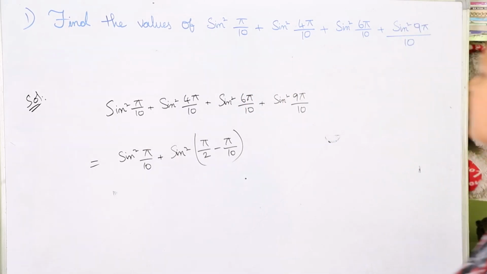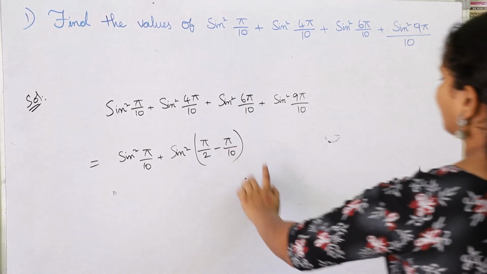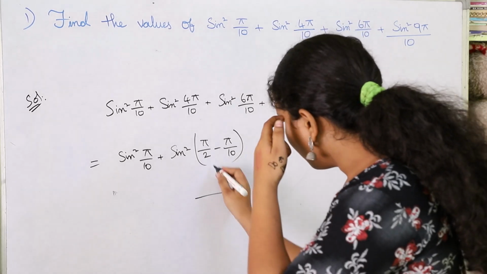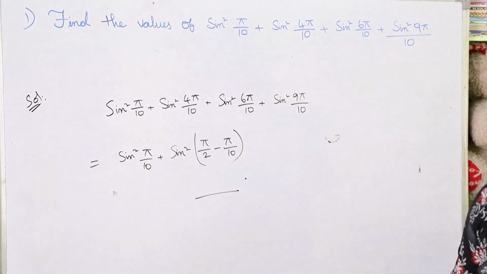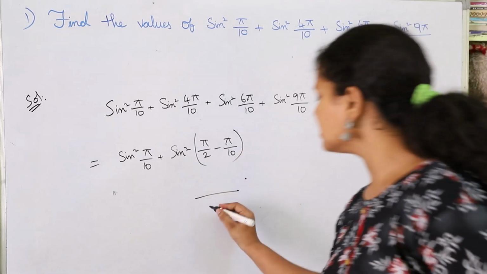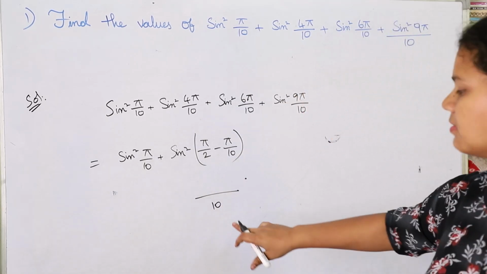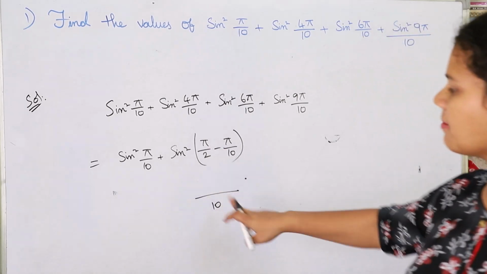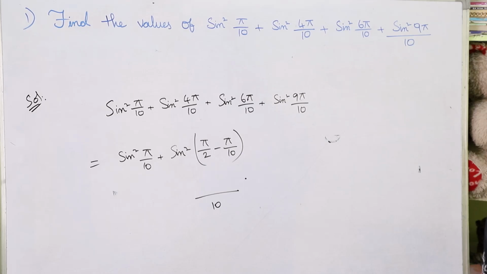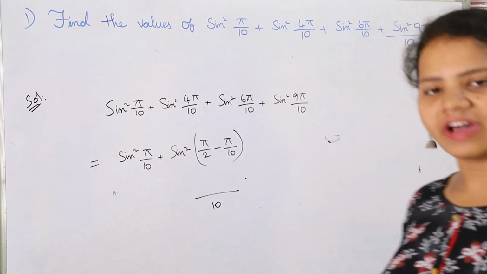Because if you take the LCM for 2 and 10, the LCM becomes 10. LCM into numerator by denominator: 10 pi by 2 equals 5 pi.